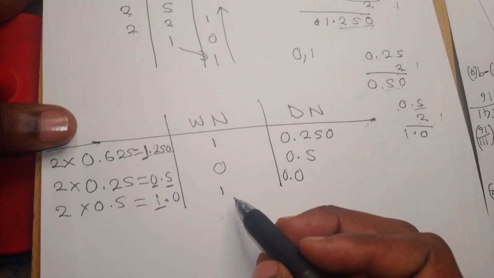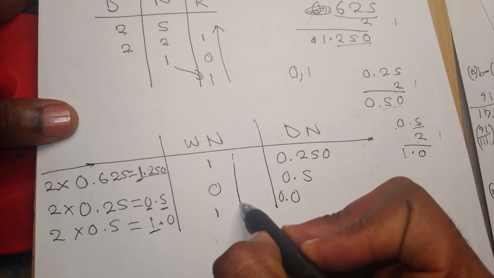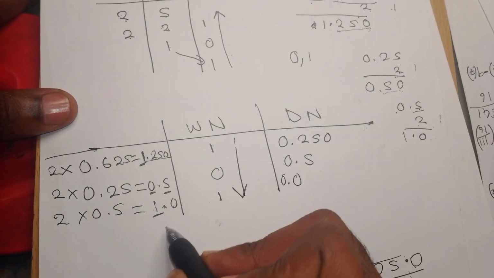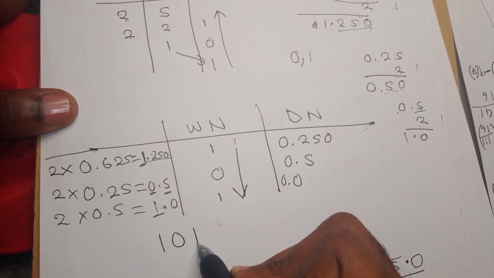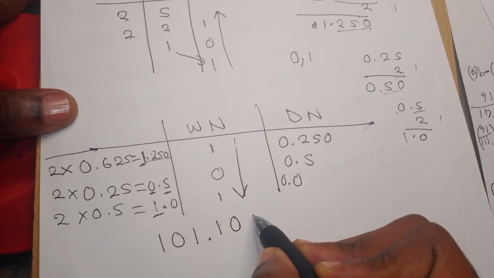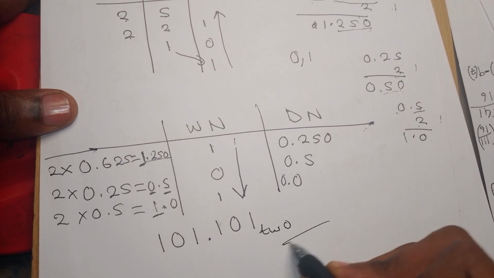So now remember, we picked the numbers in this direction. For this one, we picked them in the opposite direction. So this is 101.101 base 2. And you're done.